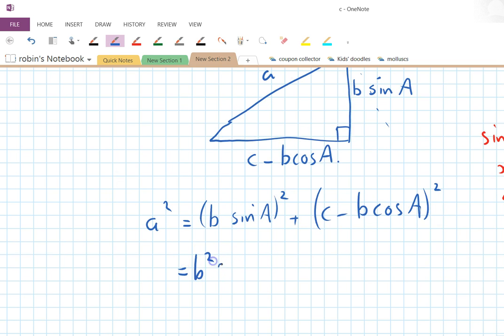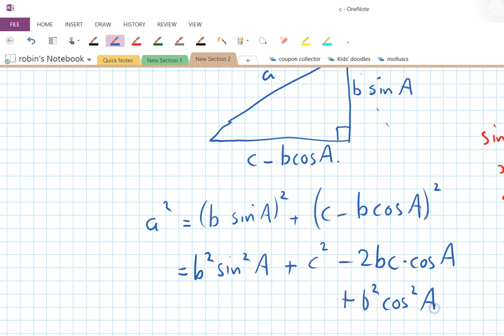So it's B squared sine squared A for this bit, plus, it's just a quadratic expansion, C squared minus 2BC times cos A. You've got to be a little bit careful because the C and the cos get confused. Plus, because minus times a minus is a plus, B squared cos squared A.